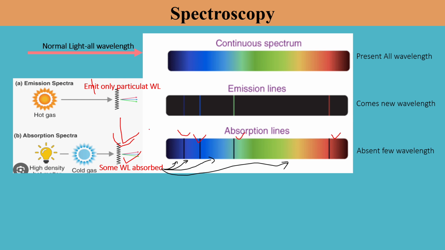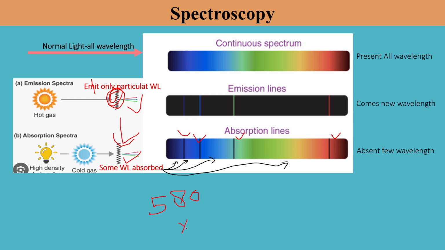In the emission spectrum, when the material is heated or given energy, it emits particular wavelengths of light, which depend on the nature of the sample. Some samples may emit a wavelength of 580 nm, another may not.